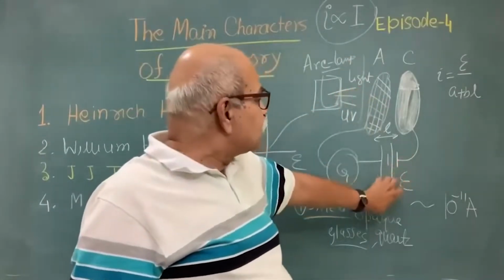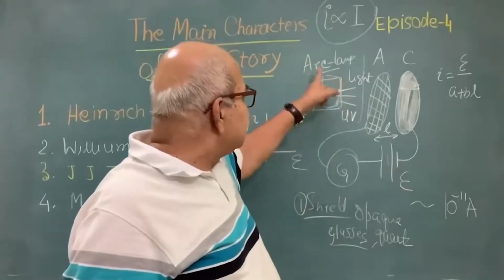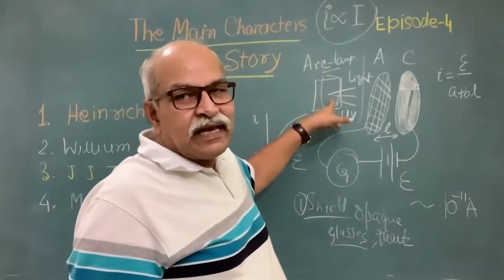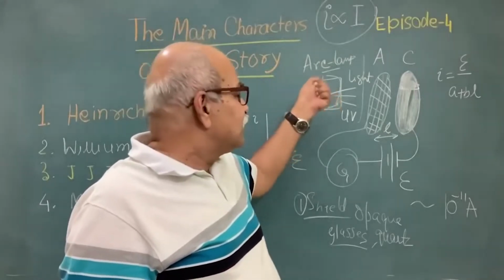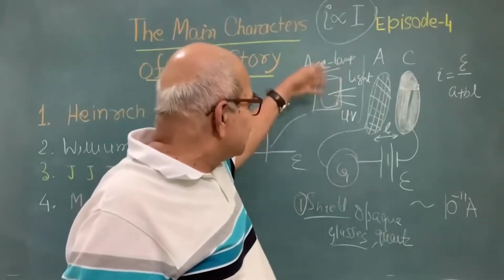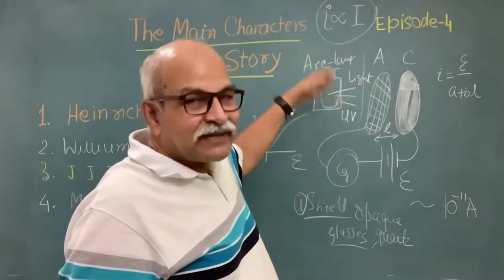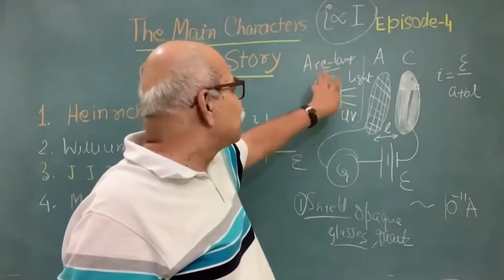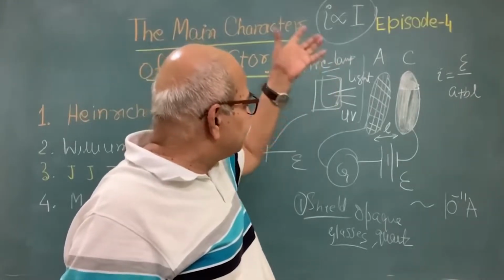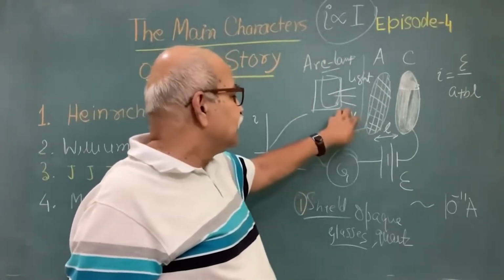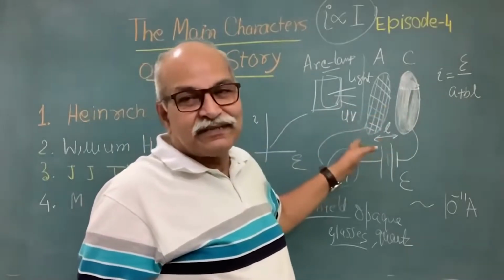In this experiment also he has taken different materials to produce this arc, and has established that aluminium is the best, it gives the largest current, and other materials give different kinds of current. So it depends on what material you are using, because different materials will give different wavelength distributions of UV, and therefore the current will depend on that.